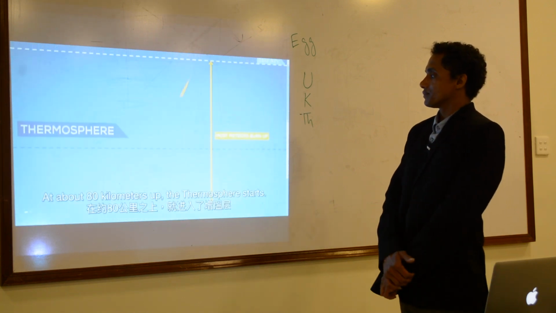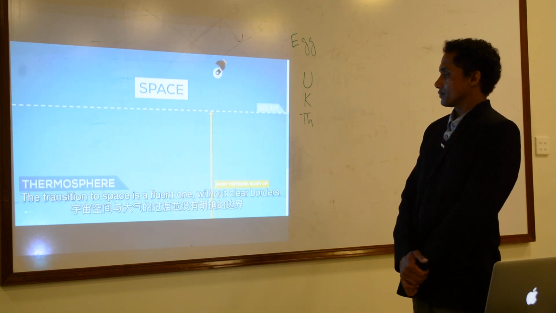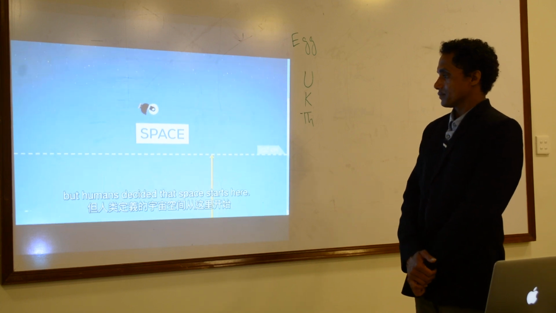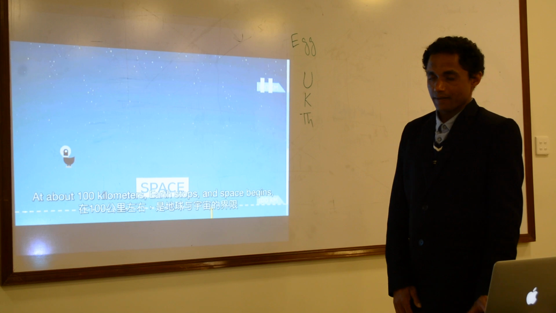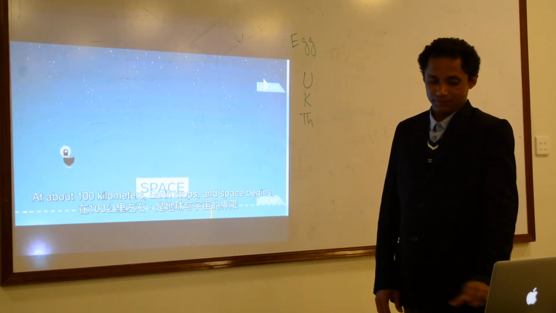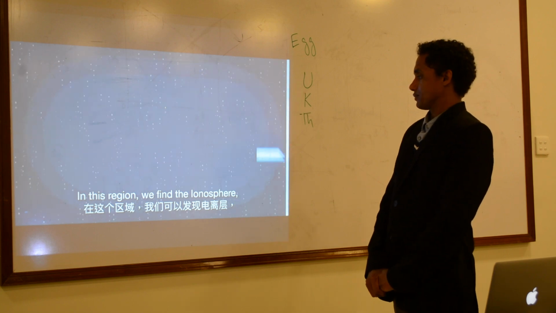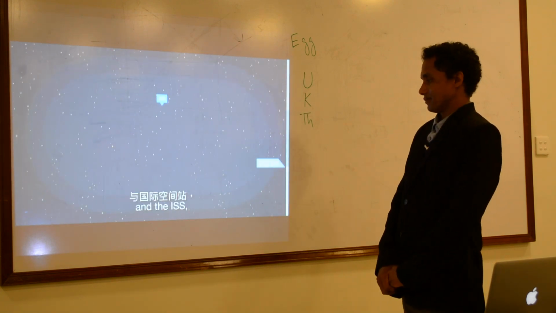At about 80 kilometers up, the thermosphere starts. The transition to space is a fluid one without clear borders, but humans decided that space starts here. At about 100 kilometers, Earth stops and space begins, though the atmosphere extends a bit further. In this region we find the ionosphere, the aurora borealis, and the ISS.